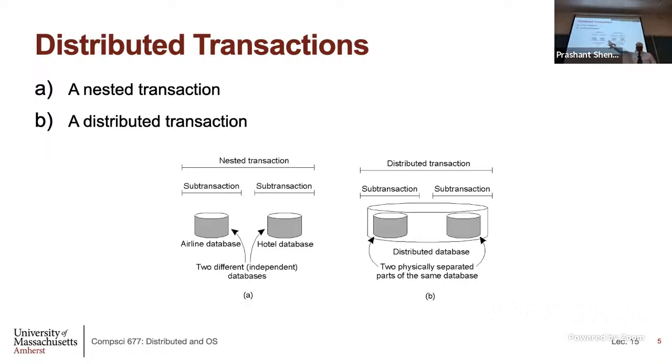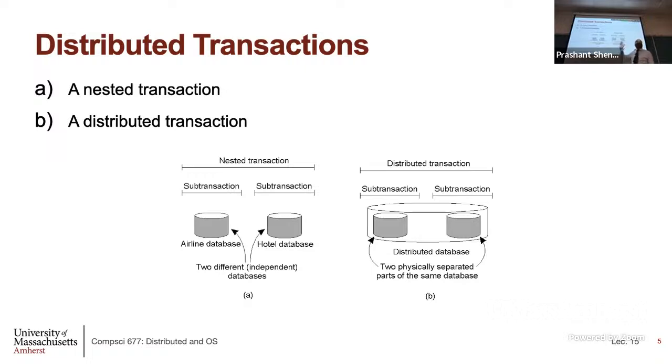Now assume that you are back to the airline database, but the database has become very large, so you can no longer store it on one machine. So the database itself is now stored on multiple machines. Think of this as one of those databases. Let's say it's an airline database, but because the size of the database is large, the database is split across machines, could be replicated, but let's just say it's split. Maybe one part of the database handles bookings from North America and Europe.